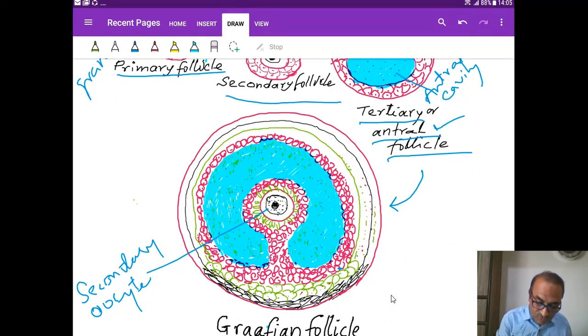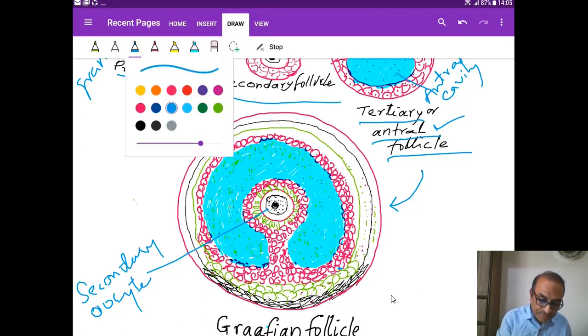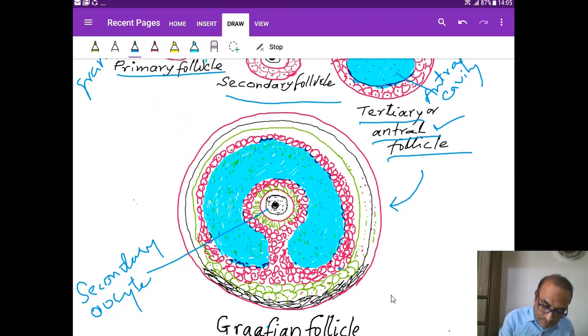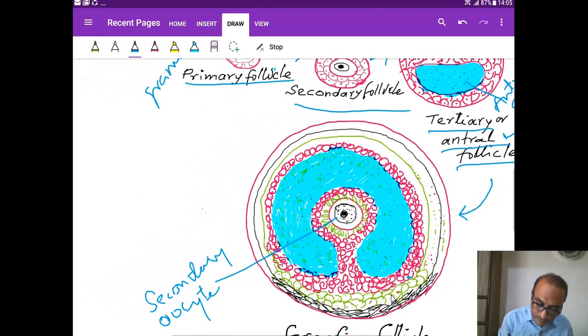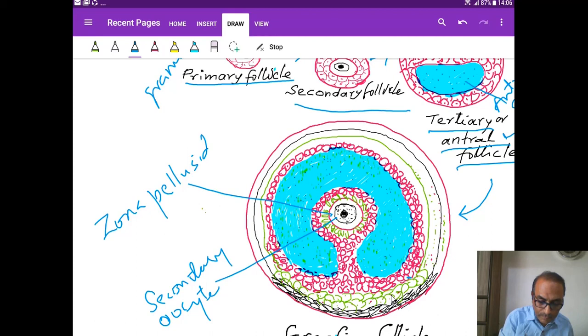So we are looking at this white area just around the oocyte. This can be labeled as zona pellucida. That's the non-cellular layer just surrounding the secondary oocyte.